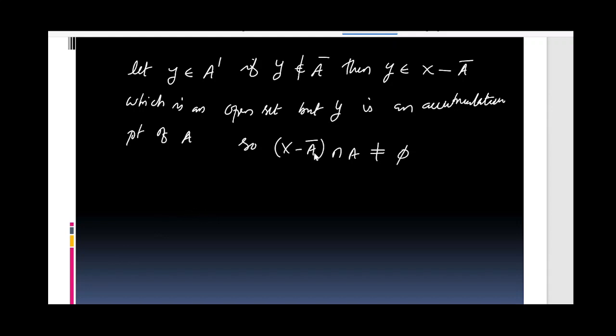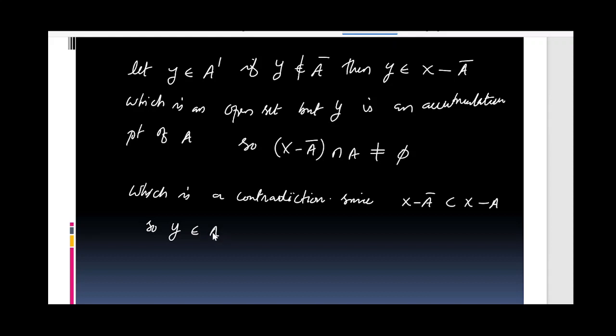Now which is a contradiction, because A is contained in A closure, so X minus A closure does not contain A. So this intersection with A should always be empty, which is a contradiction, since X minus A closure is contained in X minus A. So our conclusion is Y belongs to A closure, which implies A union A dash is contained in A closure. Call this equation B.